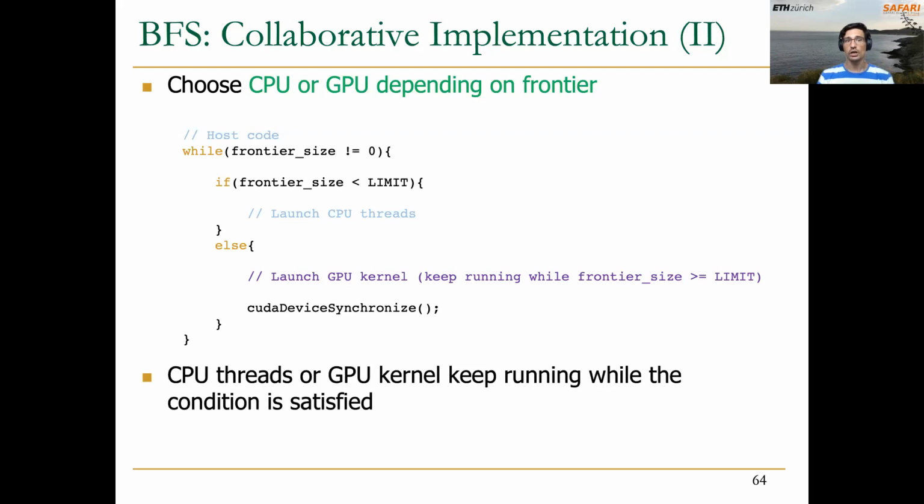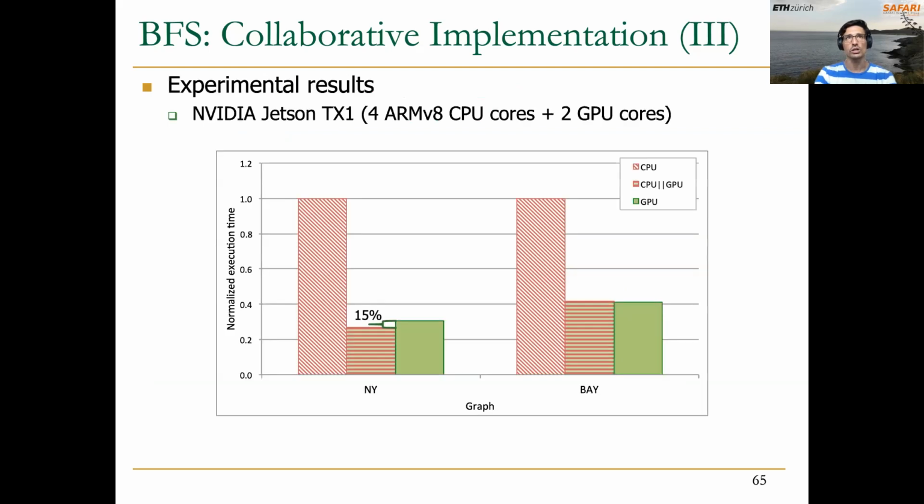And we can clearly get some benefit from that, because we are avoiding the problem of the overhead of relaunching kernels. And that's essentially the implementation that we use for these results that you have already seen earlier.